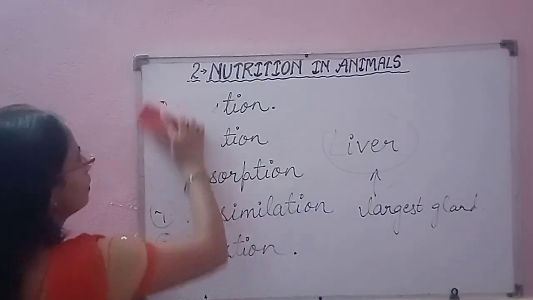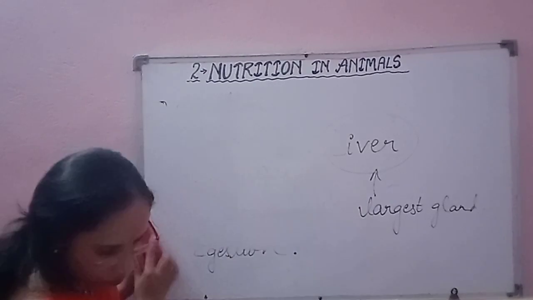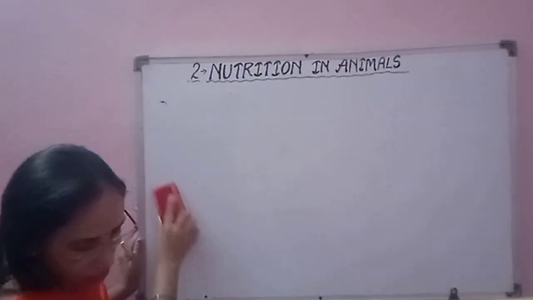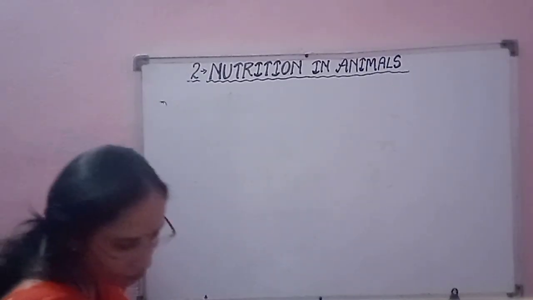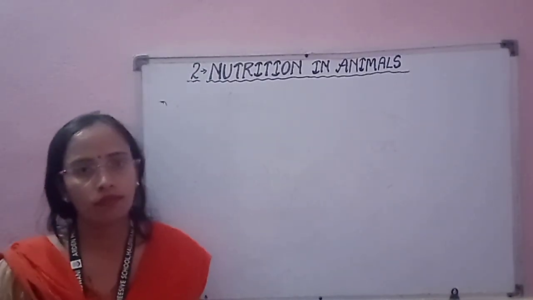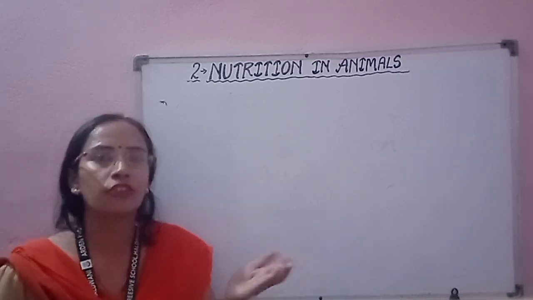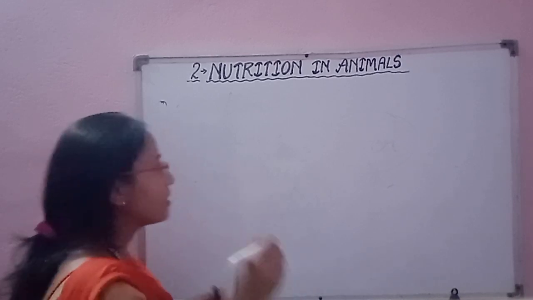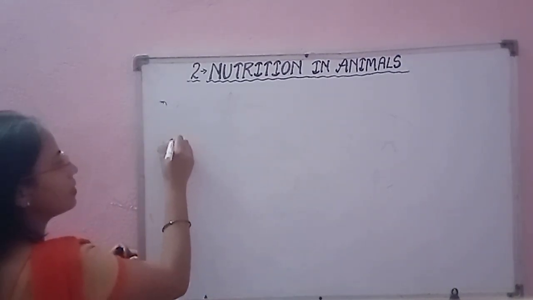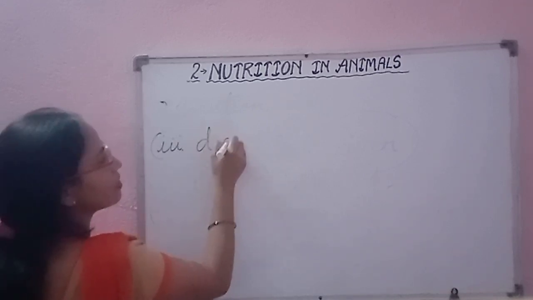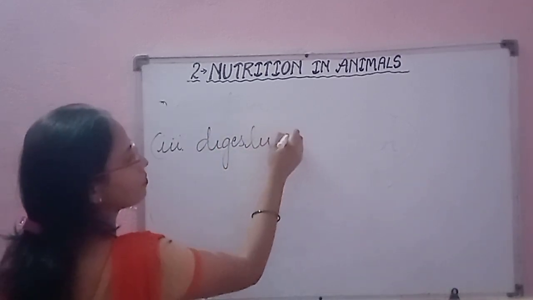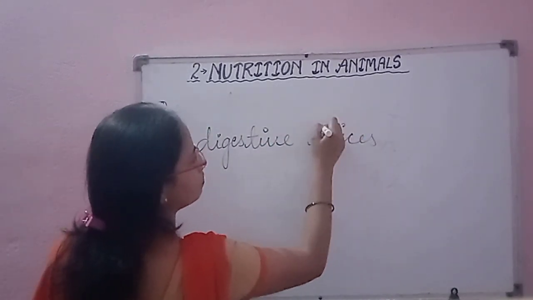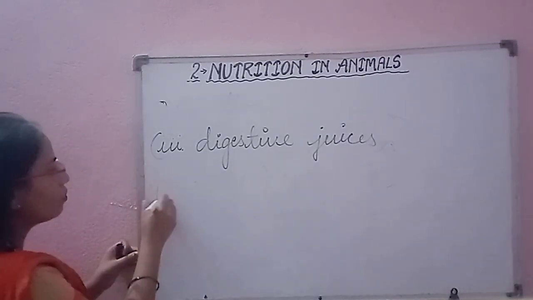The stomach releases hydrochloric acid and dash juices which act on food. So the stomach releases hydrochloric acid and which juices? The digestive juices. So in the third fill in the blanks, the answer is digestive juices. Clear?